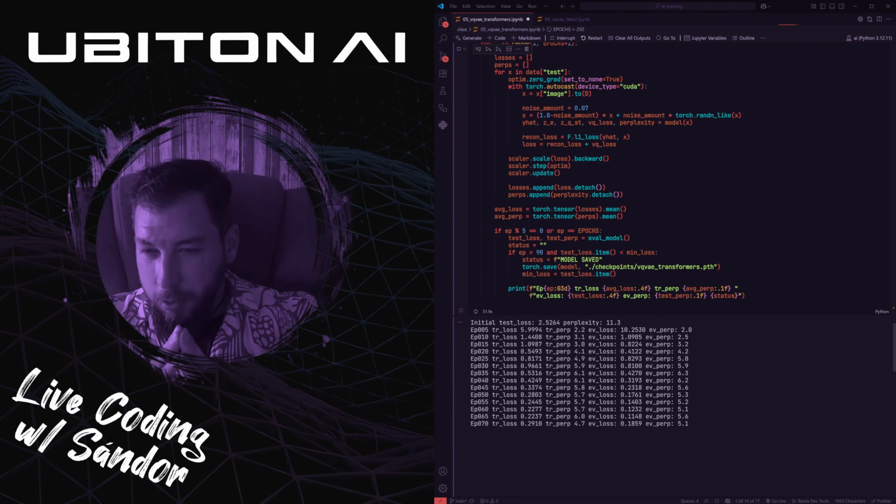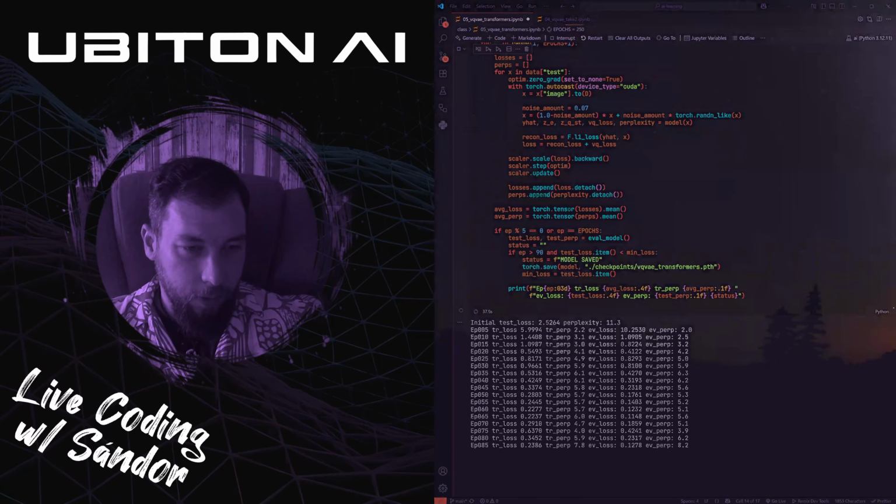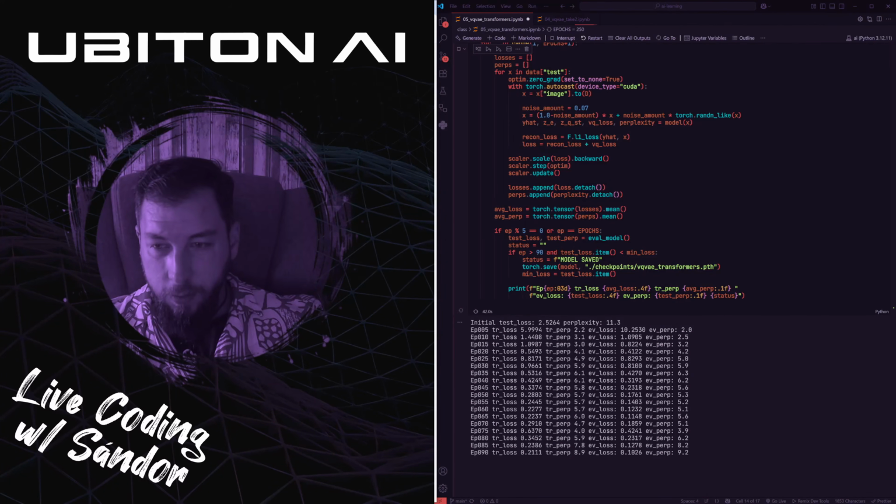I could probably initialize the codebook better, because it's initialized with a uniform distribution, but that doesn't seem to work very well with the transformers.